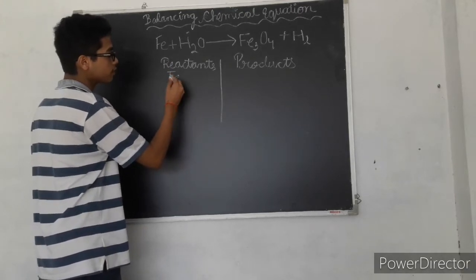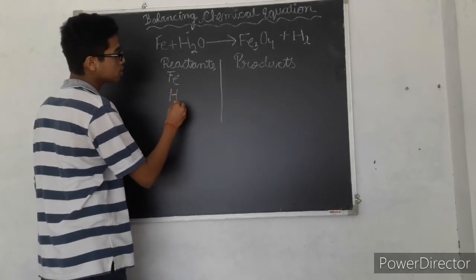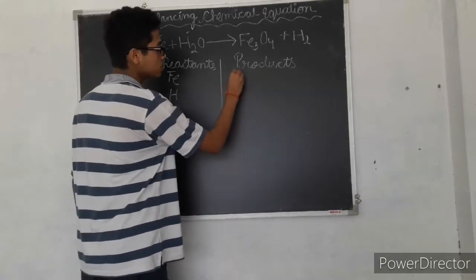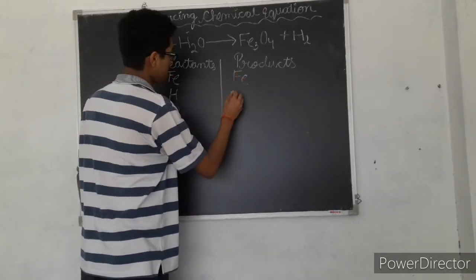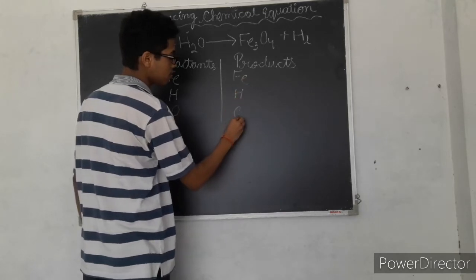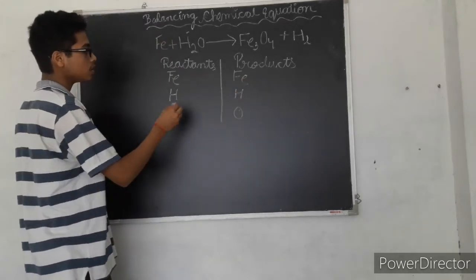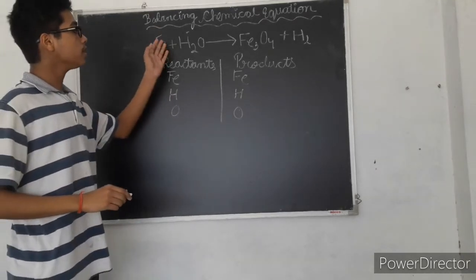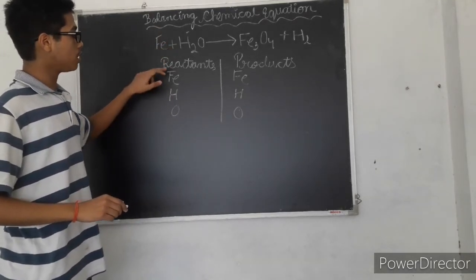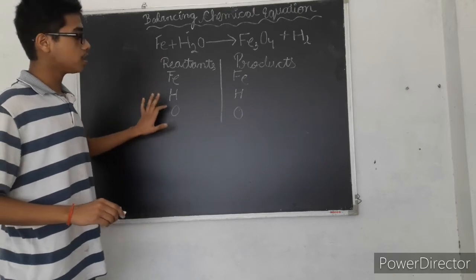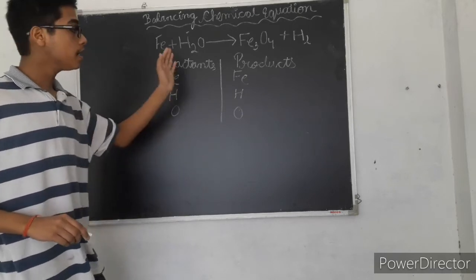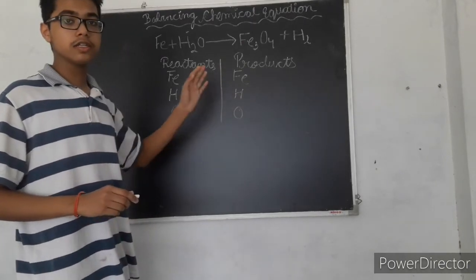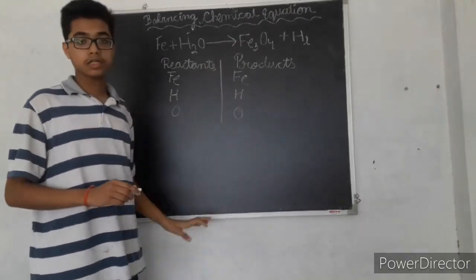Here it is Fe, H and O: iron, hydrogen and oxygen. Here also iron, hydrogen and oxygen. Now let us count how many atoms of iron, hydrogen and oxygen are present on the reactant side, and how many on the product side.